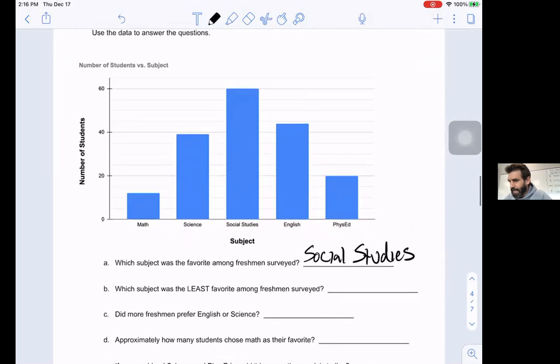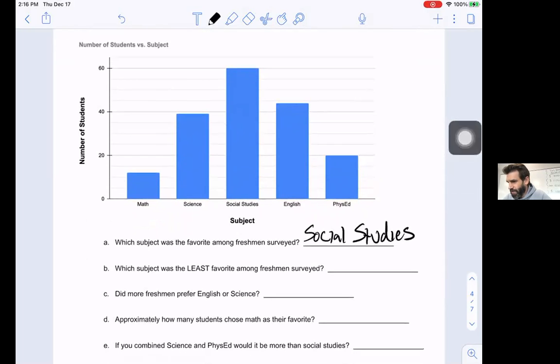Which subject was the least favorite among freshmen surveyed? Well, which bar is the lowest here? Oh, here we go. Math. And that looks like 5, 10, 15, 20, maybe about 12. Only 12 of those surveyed actually preferred math. So math got the least amount of favorite votes.